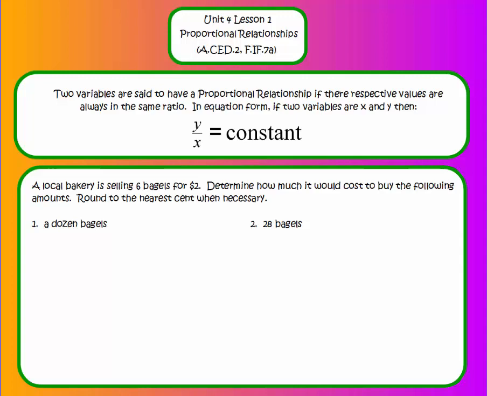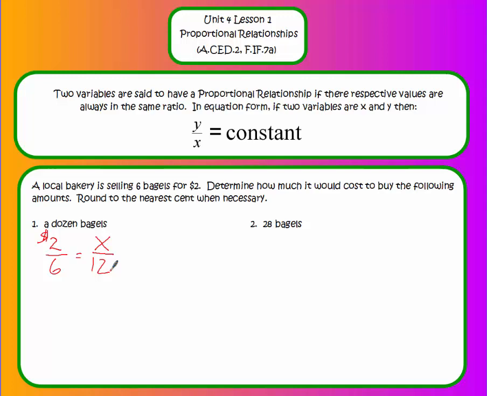But how does this work math-wise? So let's take a look. If I know that for $2 I can have 6 bagels, and I don't know how much money it's going to cost for 12 bagels, so I just set up this proportion now.